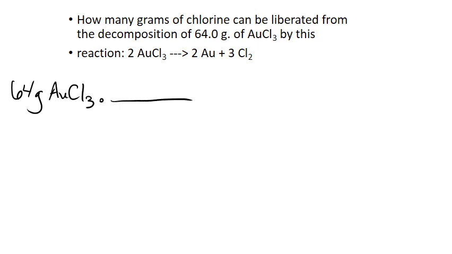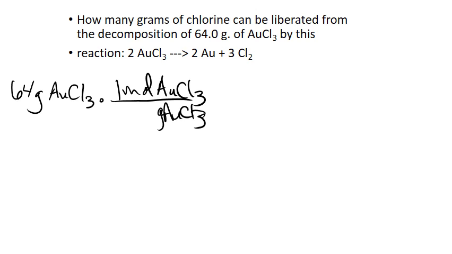Grams is on top, so grams has to go on bottom, and we always say how many grams are in 1 mole of that same substance. Remember yesterday I talked about how something on the top and the bottom has to be the same. In this case, it's AuCl3. So how many grams are in gold chloride?